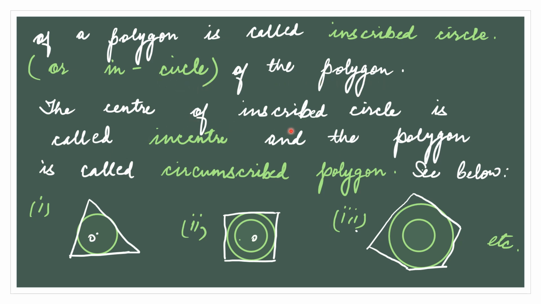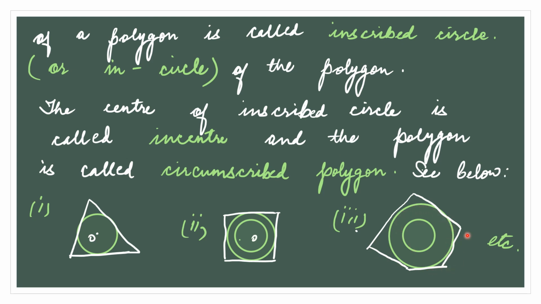The center of the inscribed circle is called the incenter, and the polygon is called a circumscribed polygon.